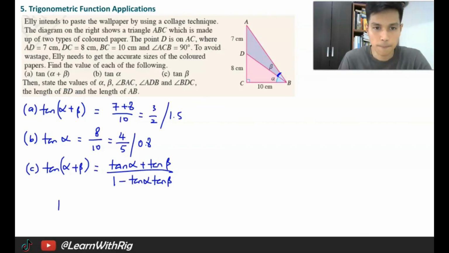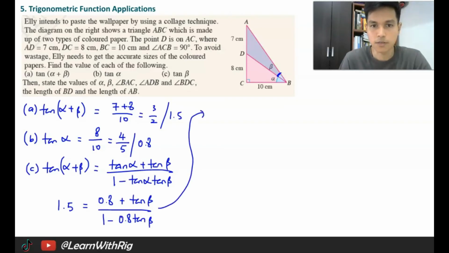So 1.5 equals tangent alpha, which we know, 0.8, plus tangent beta over 1 minus 0.8 tangent beta. Okay, wait, let me write up here, no space already.